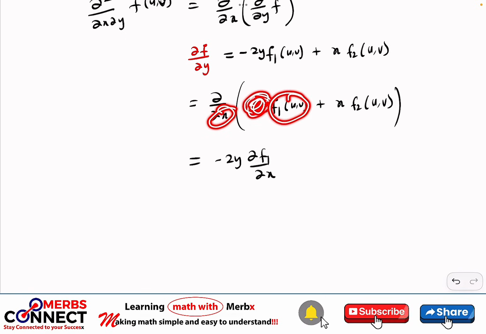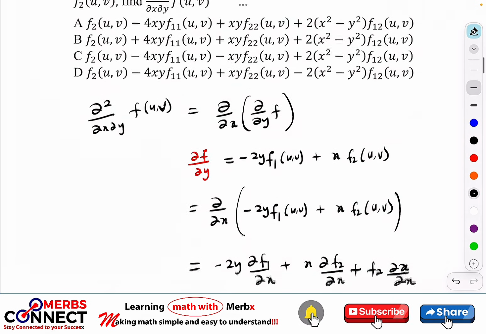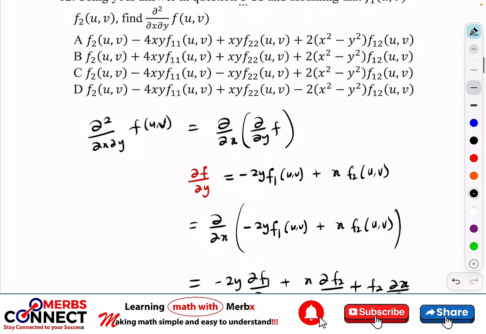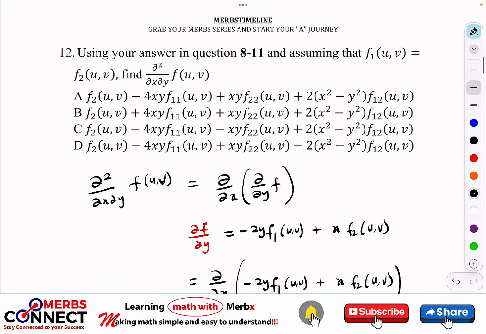So I need to just differentiate this. Then I use the product rule here. So I maintain X and differentiate F2 with respect to X plus I maintain F2 and differentiate X with respect to X. I feel like I've done this. Oh, I'm not doing things right.